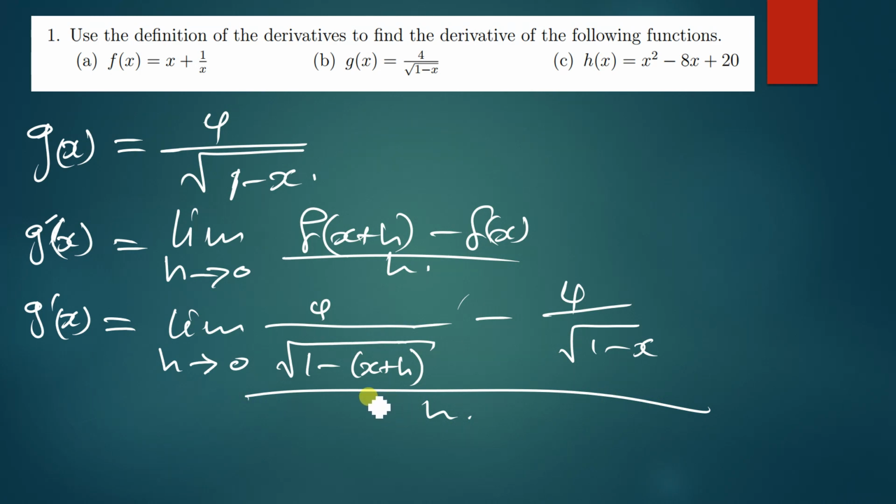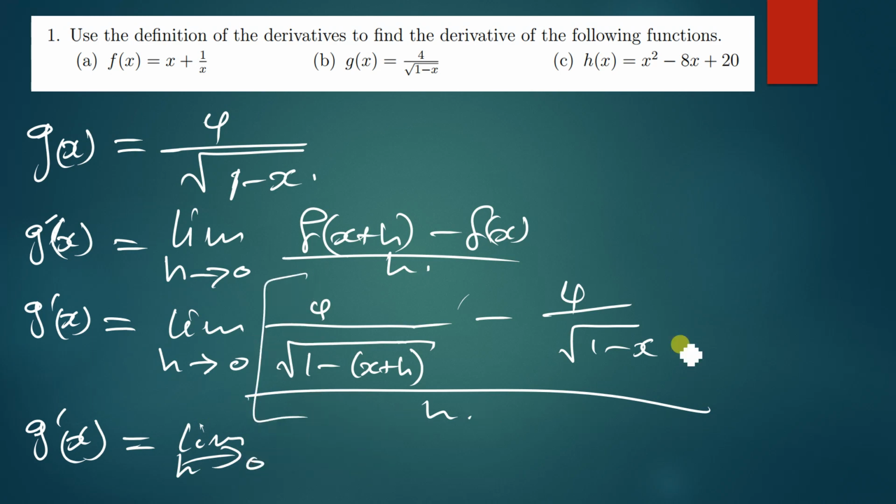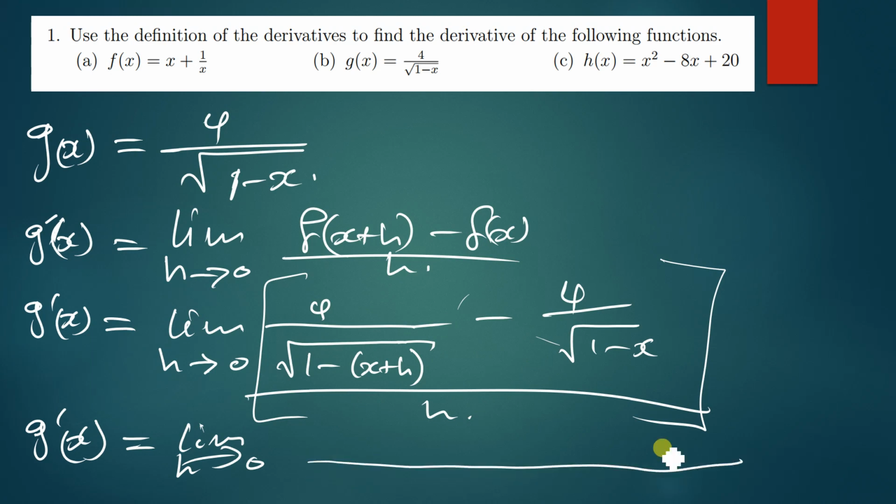Okay, so our g prime of x is therefore going to be equal to the limit as h approaches 0 of, so let me just do this. Simplifying this, we find the common denominator there.